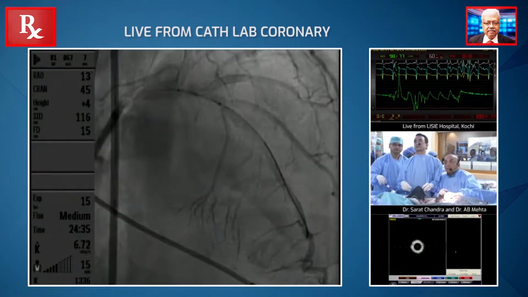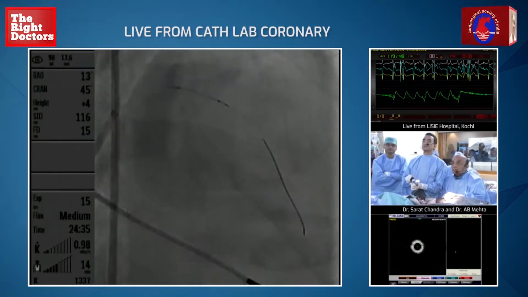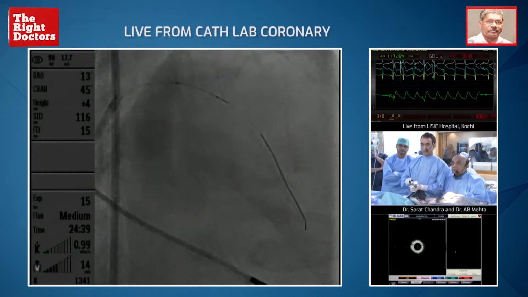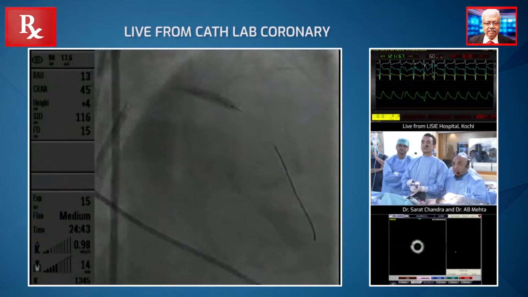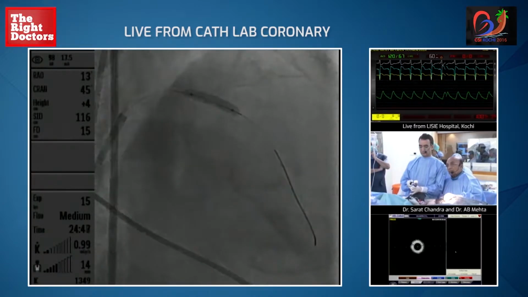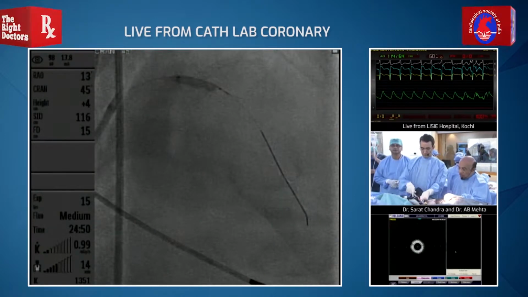Perfect. Okay. Perfect. Let's crush the stent. Very minimal. 7, 8, 10, 11, 12, 13, 14, 15 negative. We crushed the stent at 15 atmospheres.